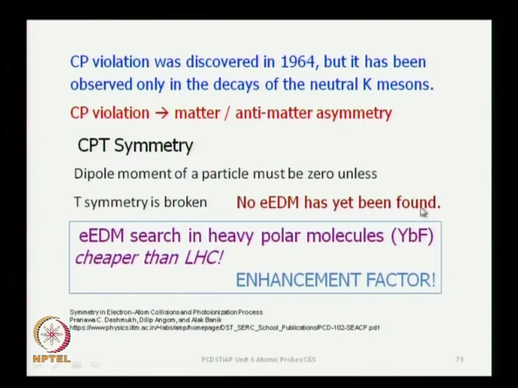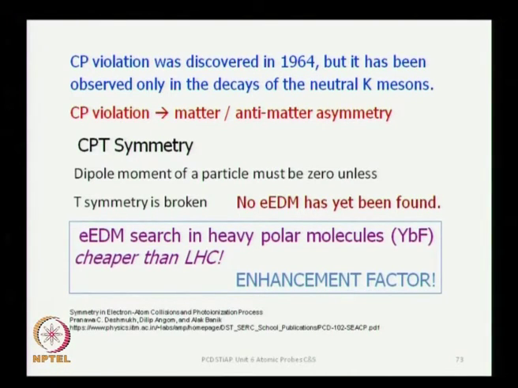This experiment will be much cheaper than what it is at the Large Hadron Collider. Okay, you can do it in a lab, and people are looking for this. They do it not just for atomic systems, but actually for molecules, because there is a certain enhancement factor which gives you some comfort, because the probability of detection goes up very much because of that.